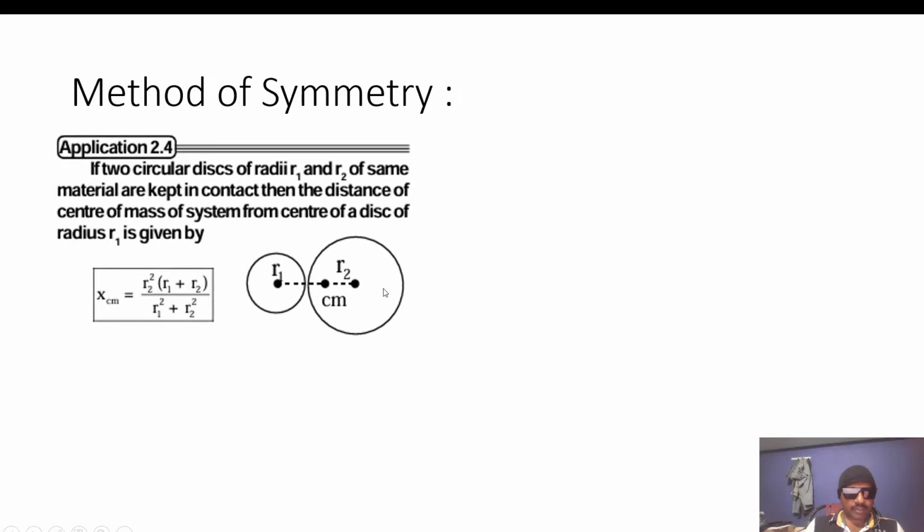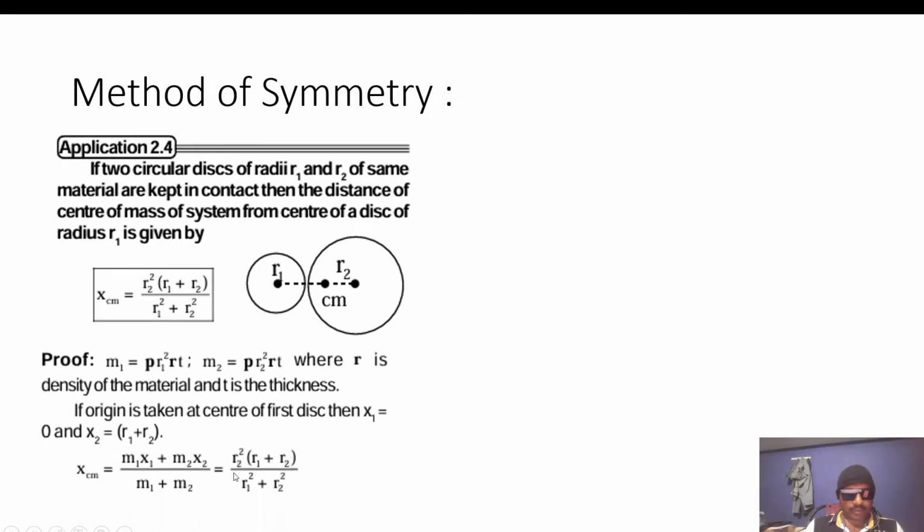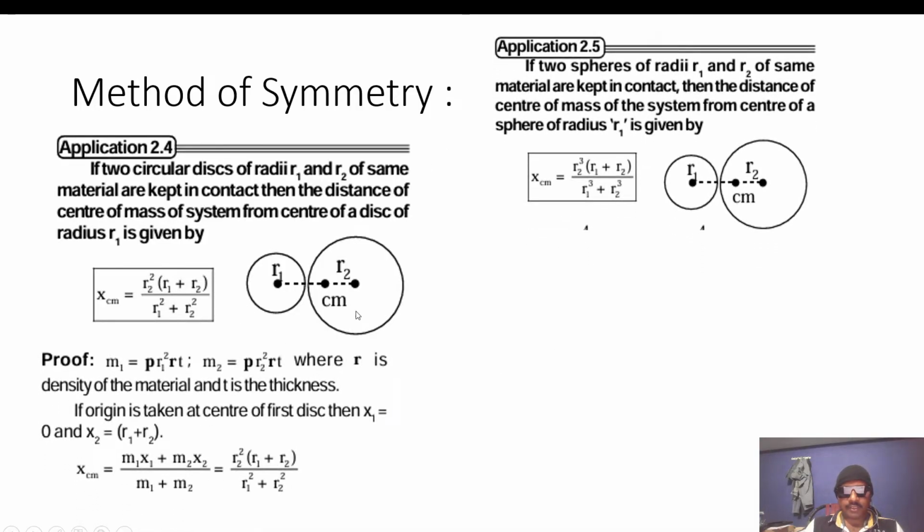Look at this. These are two spheres having the same mass. The center of mass of this, here densities we have to equate, right? This is a circular disc, this is a sphere. The difference between sphere and circular disc is here cube, here square.